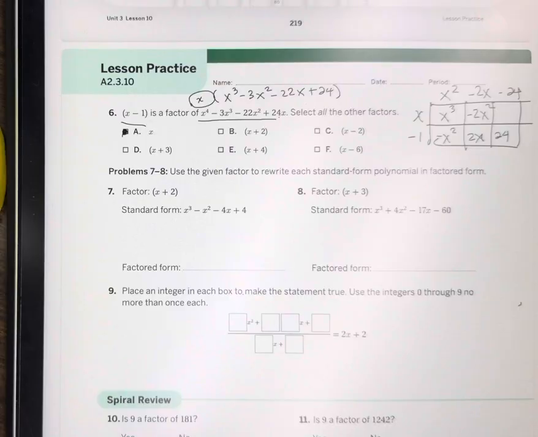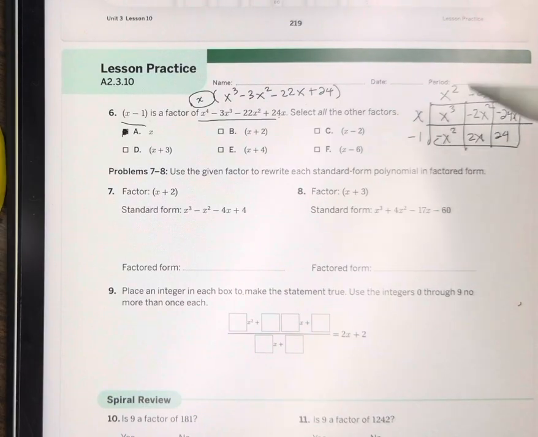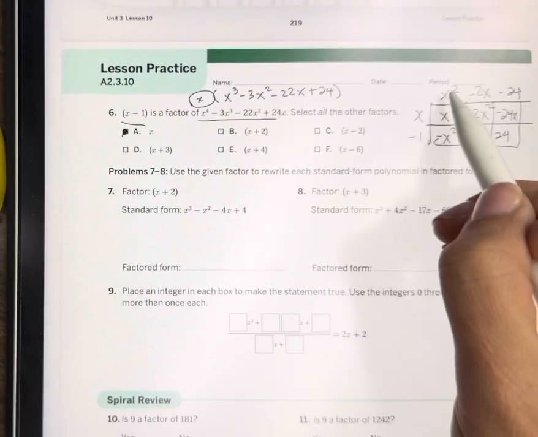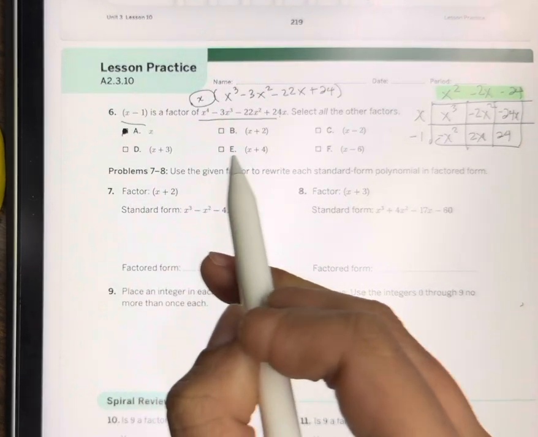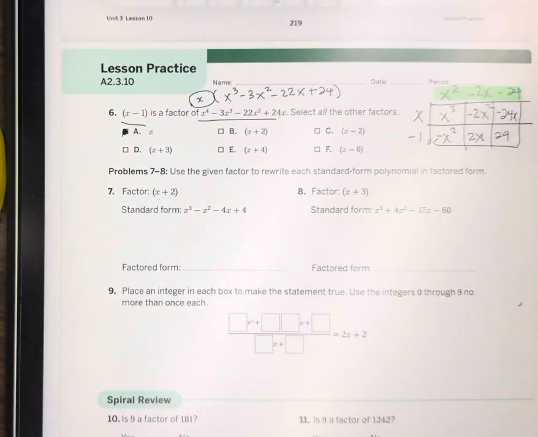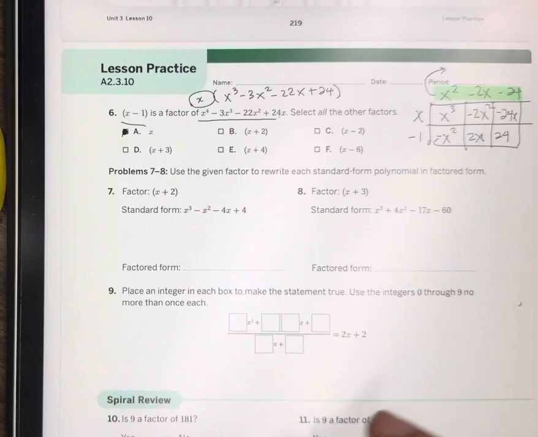And then negative 24 times x is negative 24x. Is negative 24x plus 2x negative 22x? It is. Everything's great. That means this is another factor. However, looking here, I don't see that, which means they want me to keep factoring this, because this factors.